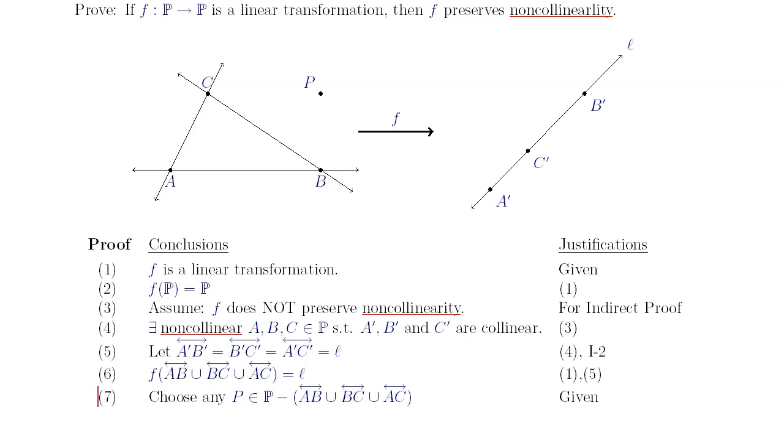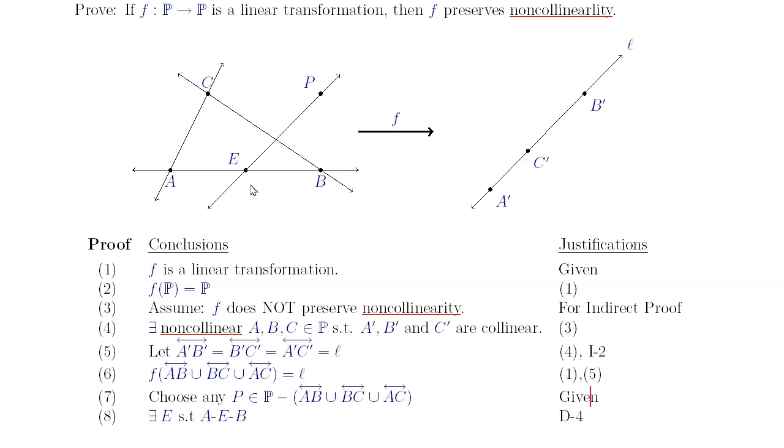Then we know that there's going to be a point between A and B. Let's call it E. So let's draw a picture. E is going to look something like that. Then I'm going to draw a line using P and E, which looks kind of like that.